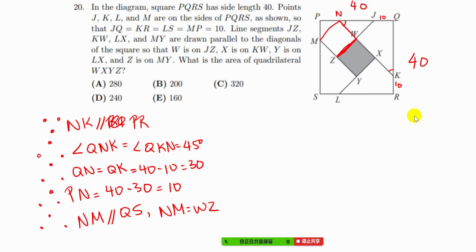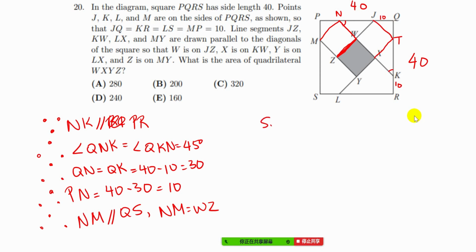We're guessing that the quadrilateral is a square, so we need to prove that, or we also need to find what WX or ZY equals. So for that, we can extend LX to QR, and this intersects at T. And then we connect JT.